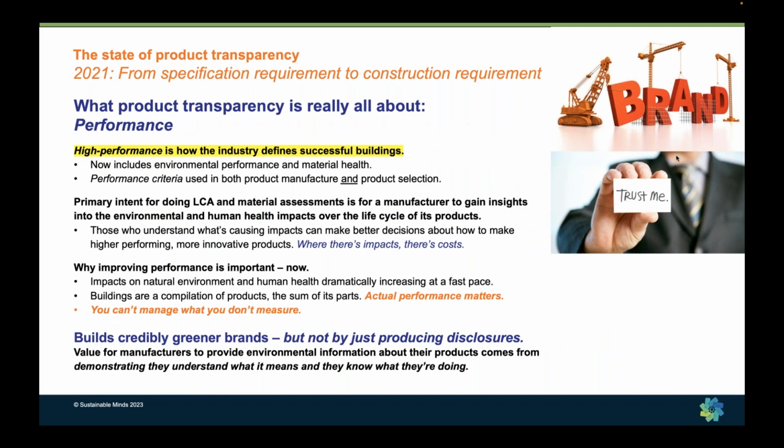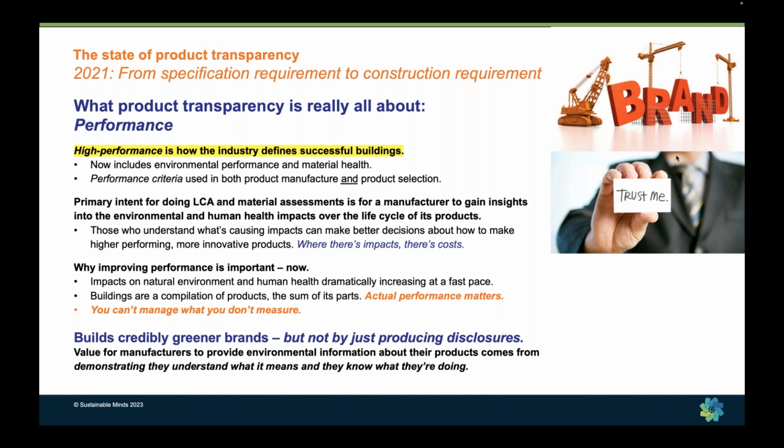This is part of our educational approach to working with manufacturers and to working with everyone in the industry, like you who are here today. We really like to set the stage about what product transparency is, which is it's about product performance. Environmental performance and material health are performance criteria that are part of the definition of high performance building, and they're criteria that people use to make decisions about how to make products and how to select products.